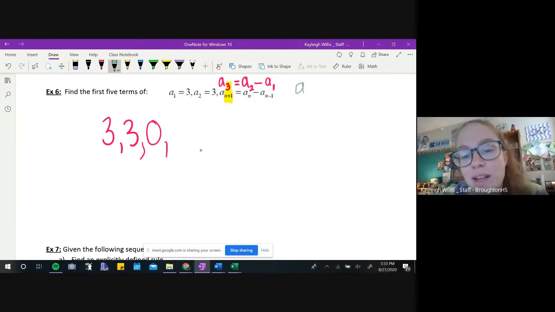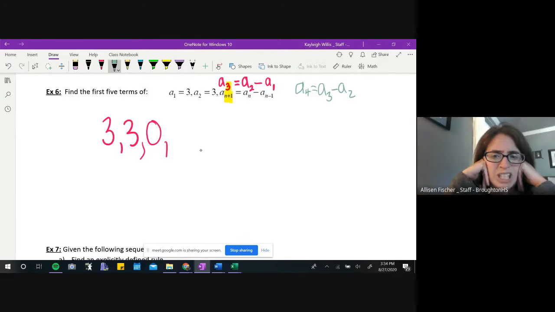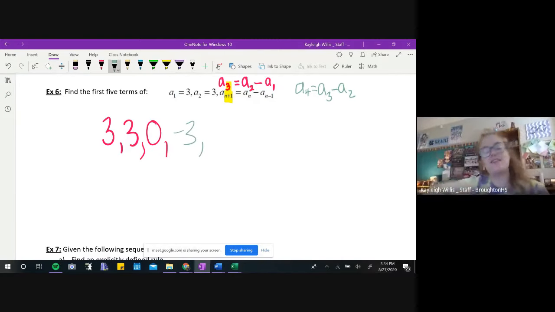Well, I like to sometimes just double check my mind. If this is 4, that means the n value is 3. So I get a3 minus a2. So the 3rd minus the 2nd. So negative 3. Yes. And then we keep going. The 4th minus the 3rd. Negative 3 minus 0, or negative 3.